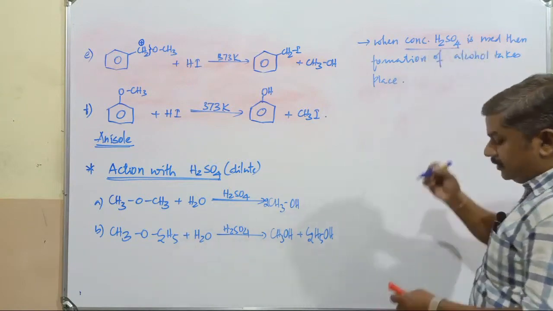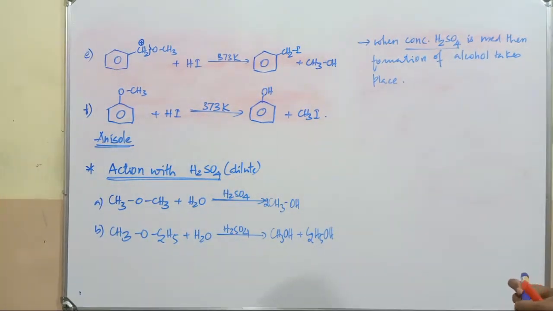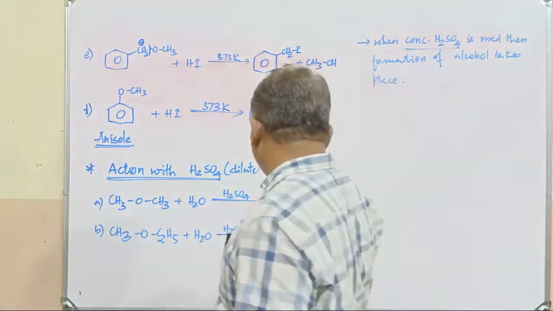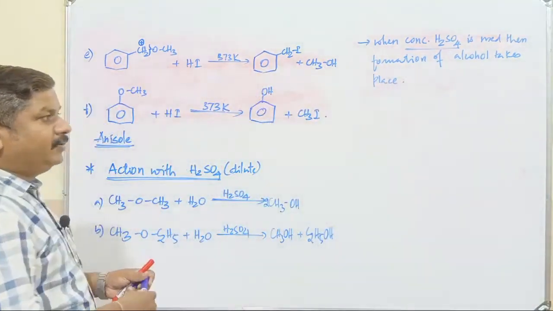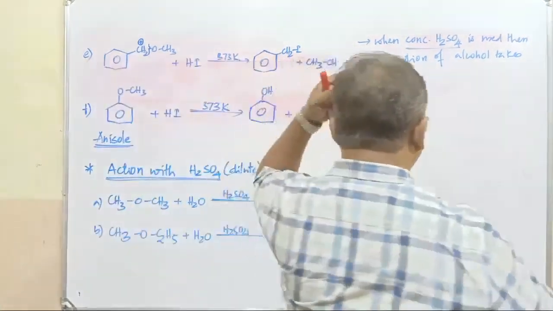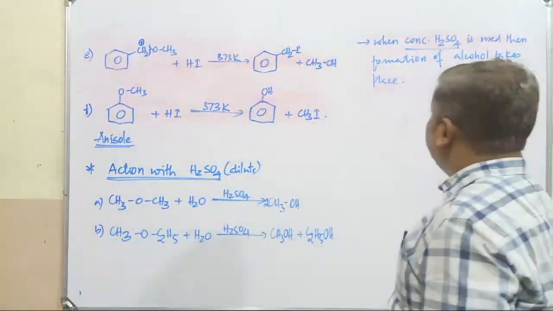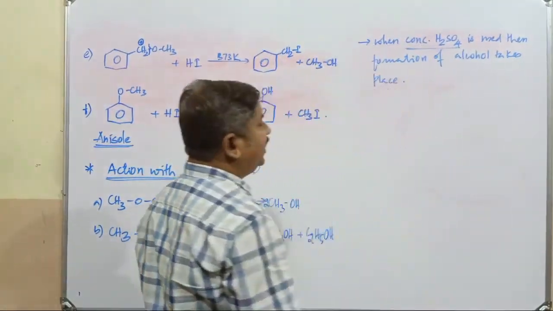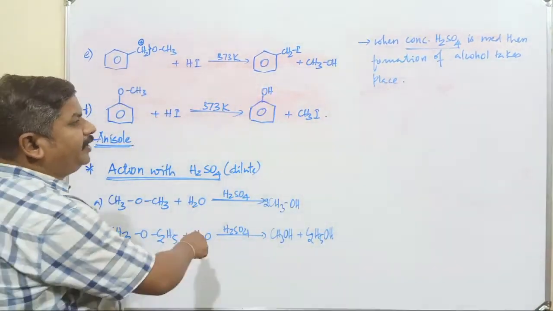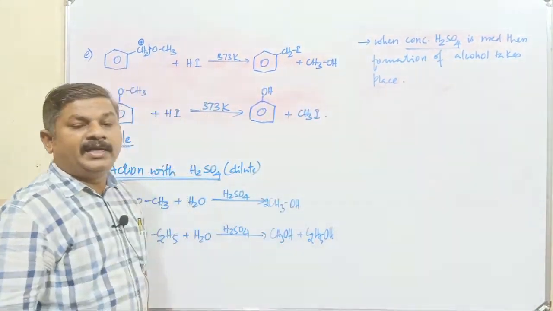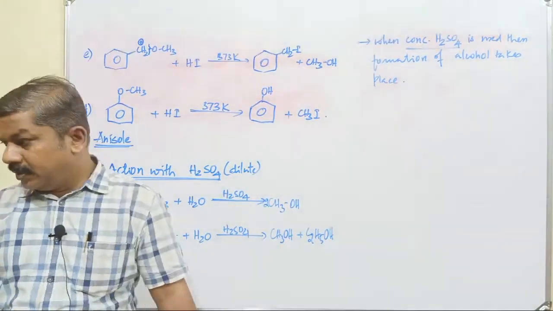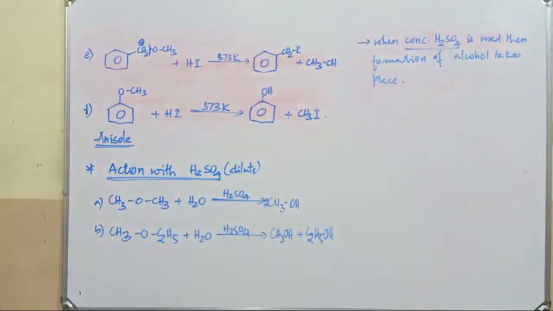If dilute sulfuric acid is used, then 2 moles of alcohol form, and concentrated sulfuric acid is going to be dehydration. Sorry, not dehydration, addition of that H plus and OH takes place to form the respective alcoholic compounds. Copy this one, we go to the next reaction.